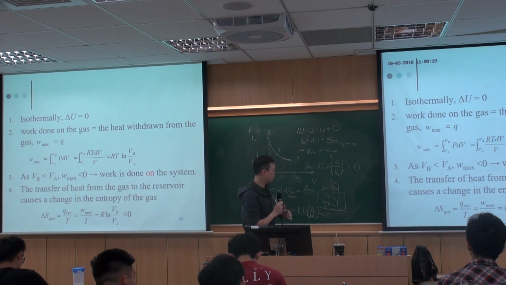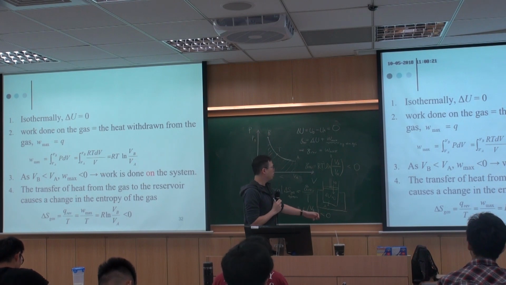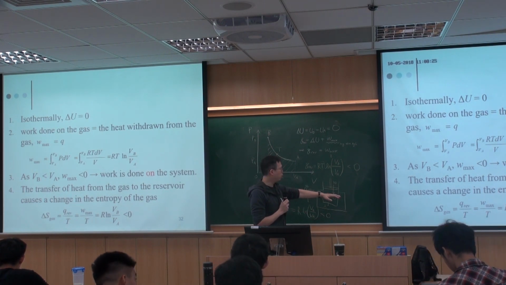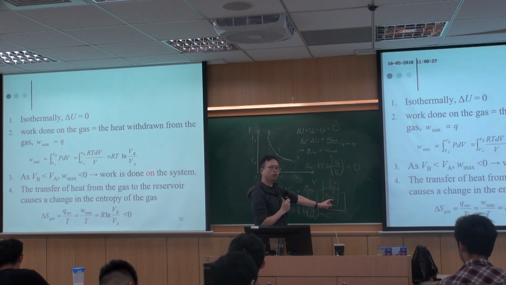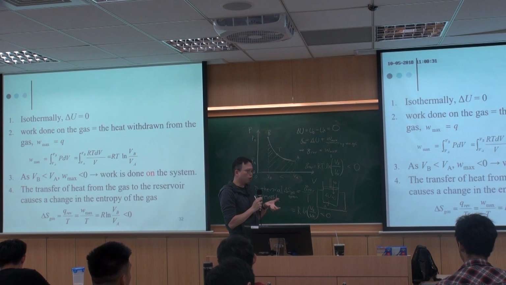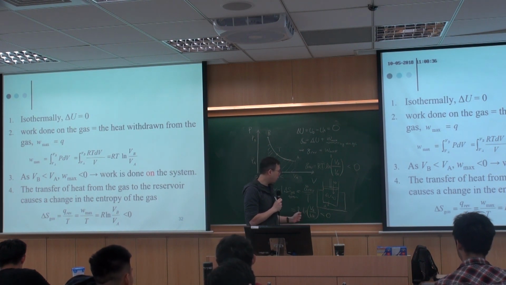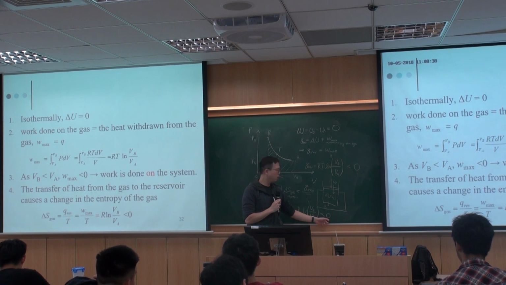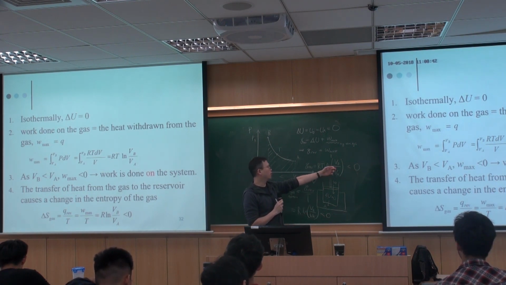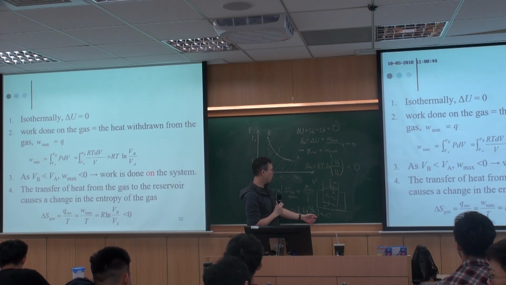In this case, this is less than 0, because we're putting energy in the form of work into the gas system. Therefore, the gas molecules are becoming more and more well-ordered, and therefore the change of entropy is less than 0. And of course, by math, you can easily see that because VB is less than VA, this is less than 0.